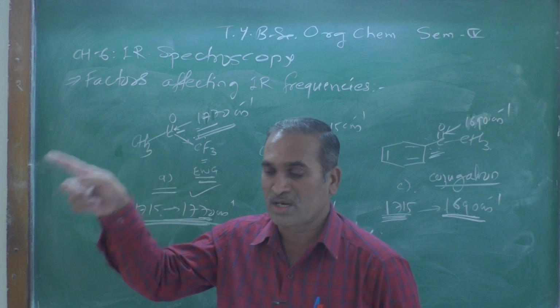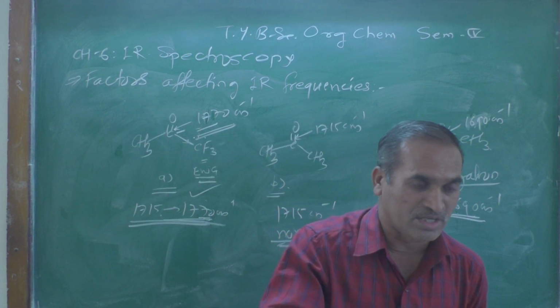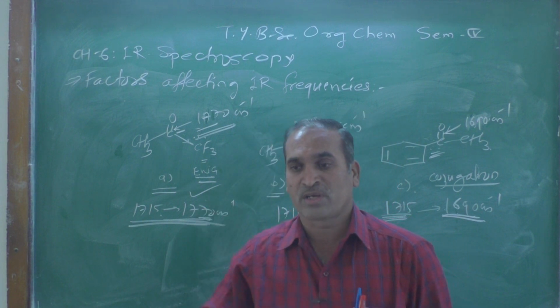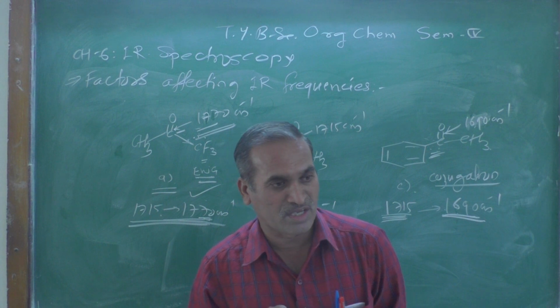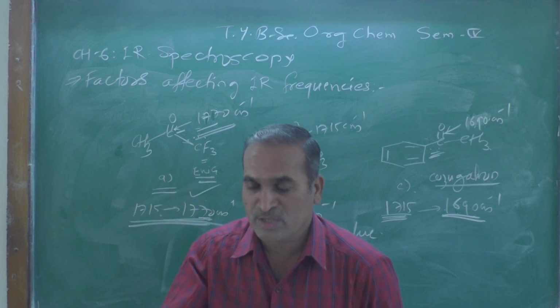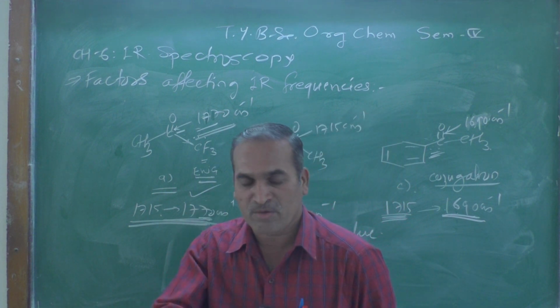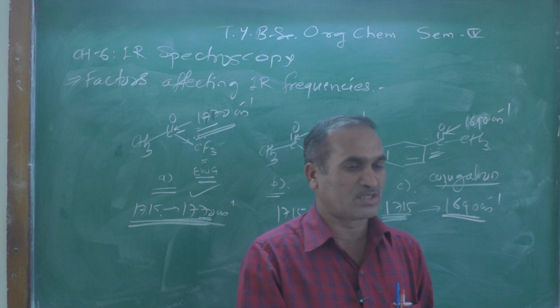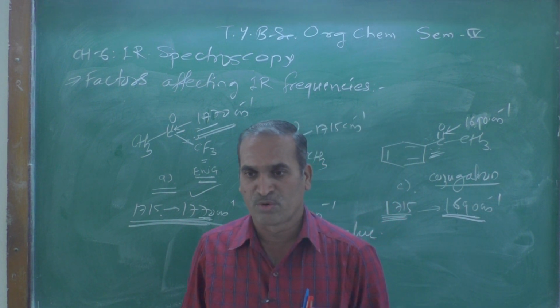And once the double bond character decreases, the bond strength decreases, ultimately the force constant decreases. And according to Hooke's law, frequency and force constant are directly proportional to each other.